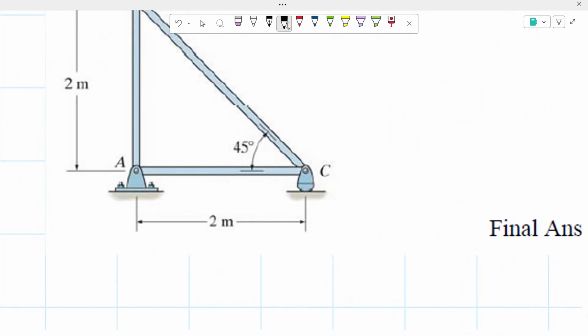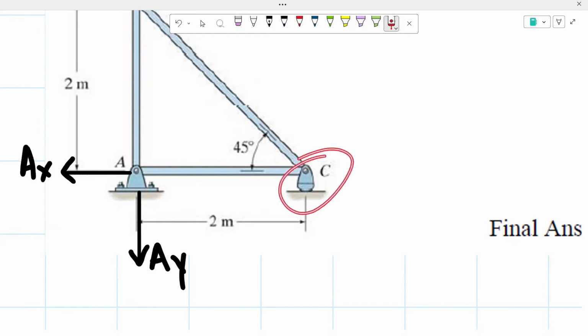I'm going to assume here that A sub y is acting downwards, and that our x reaction is going to go to the left. Then here we have a roller, meaning we're just going to have that vertical reaction, and I'm going to assume that this one is going upwards.